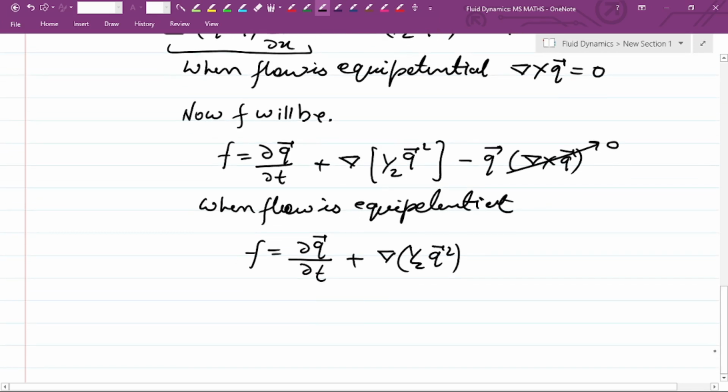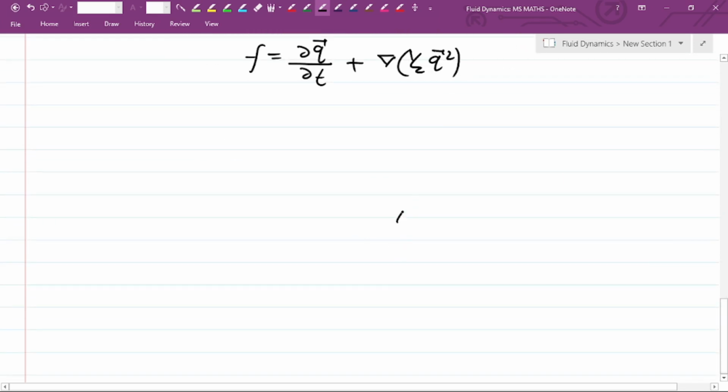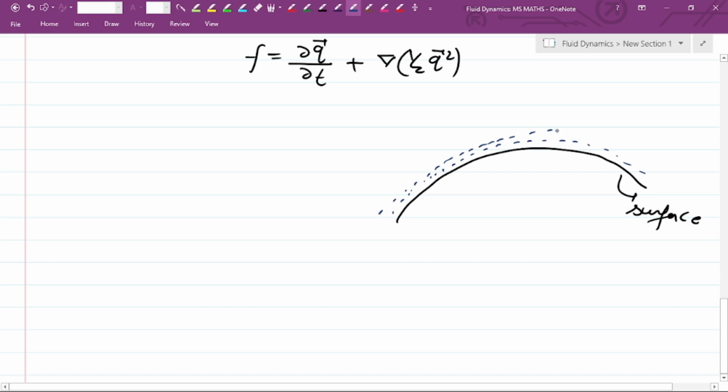So this is the physical significance we can consider here: we have this curve or this surface, and the fluid flows in this way. This is the point P, and the normal vector is n cap, and the velocity is q.